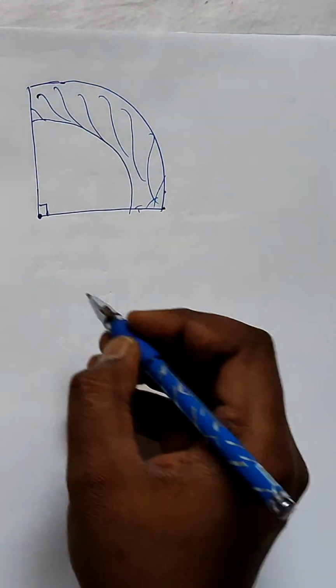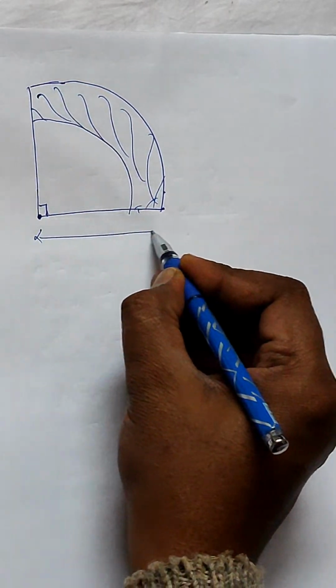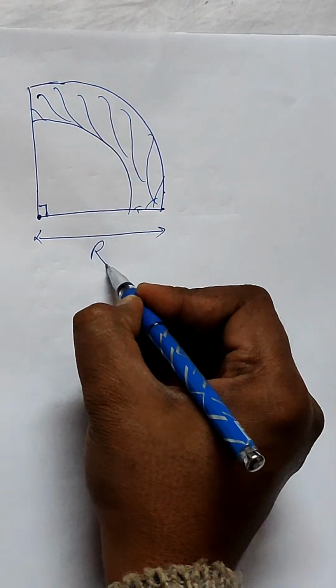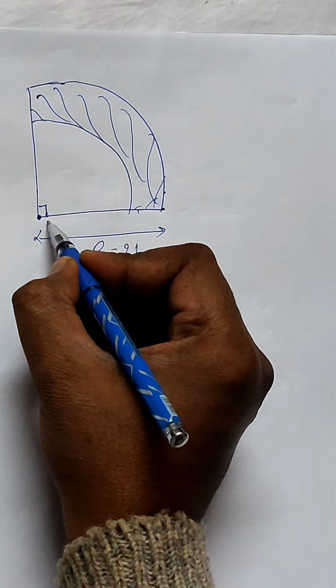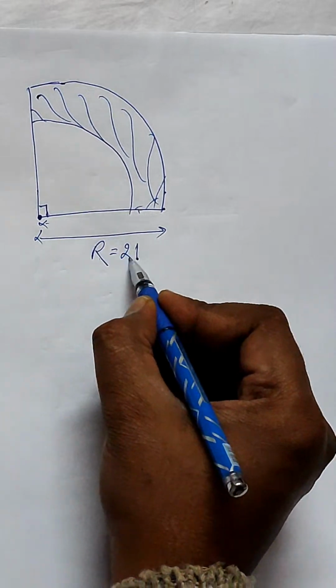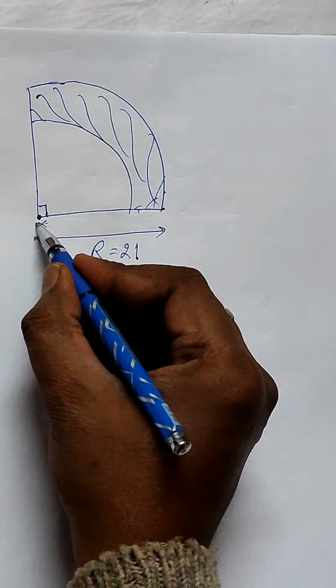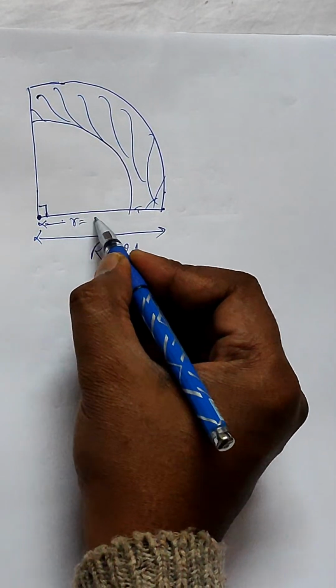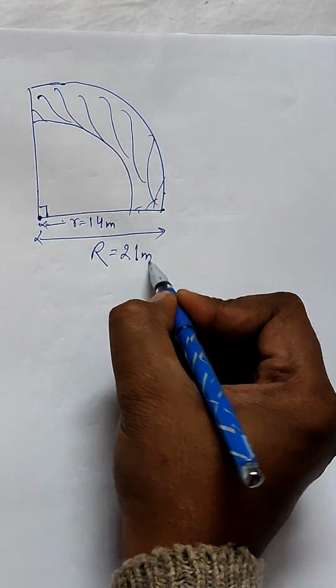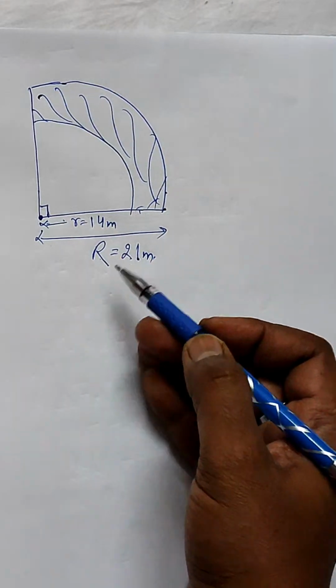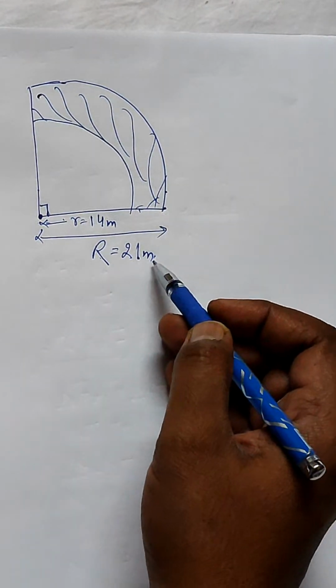Here we have been given the bigger radius as 21 and the smaller radius as 14 meters, because it's a flower bed, it's in meters, right?